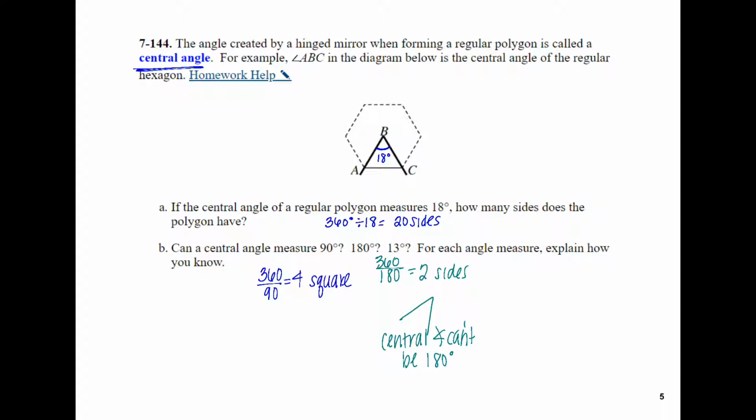When we look at 13 degrees, if we take 360 and divide it by 13 degrees, this does not divide evenly. So we couldn't have a side that is a decimal. So we would say it cannot be 13 degrees either.